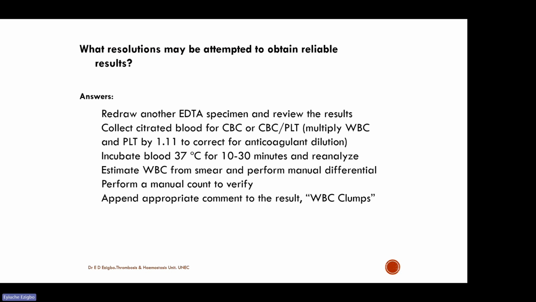Redraw another EDTA specimen and review the results. Collect citrate for CBC or CBC and platelets. You also collect in a citrate tube if you see clumps. Incubate blood 30 minutes and reanalyze. Estimate WBC from smear and perform manual differentiation. Perform a manual count to verify. Append appropriate comments to the results. So this is how you try to resolve a situation of WBC clumping.